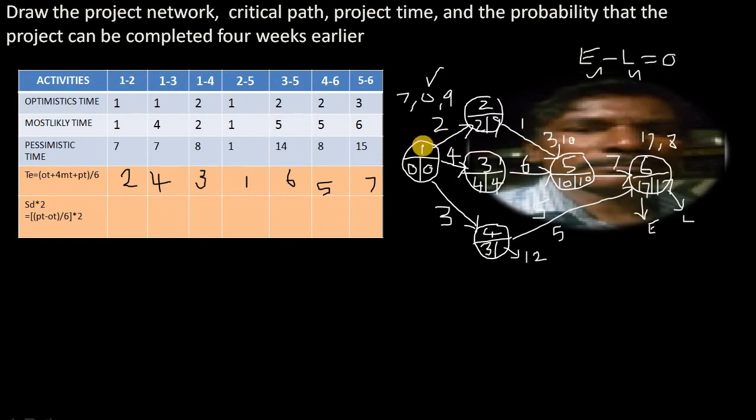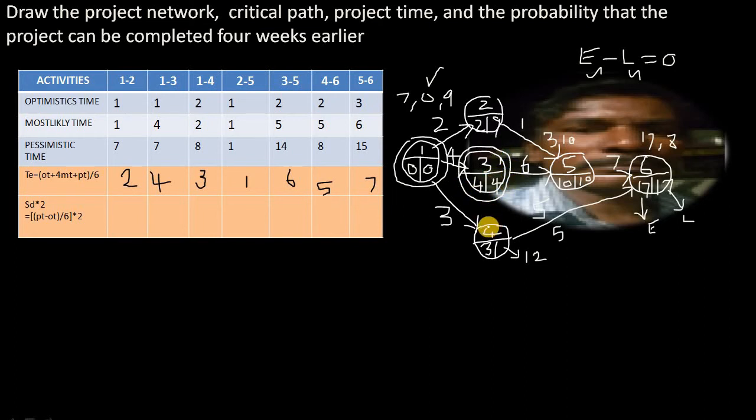If you take into account, there are events in this particular problem. Look at the first event. Here the difference between earliest time and latest time equals 0. And here the second event, the difference is not 0. The third event, the difference between earliest time and latest time is 0.